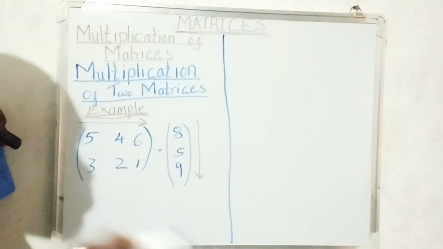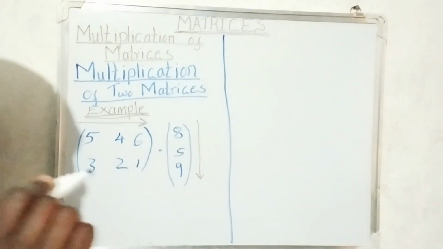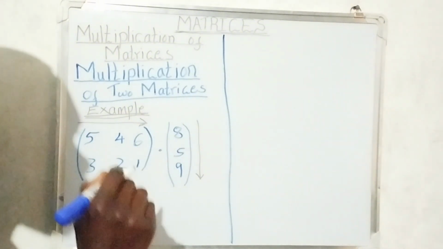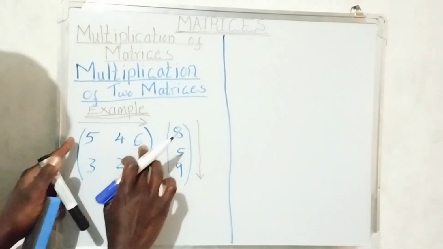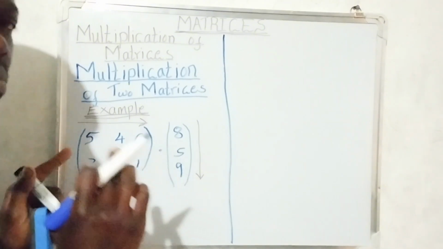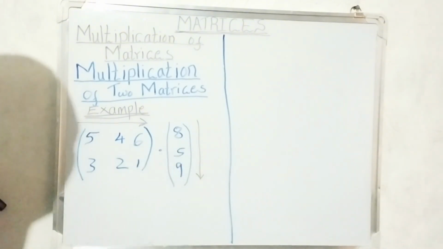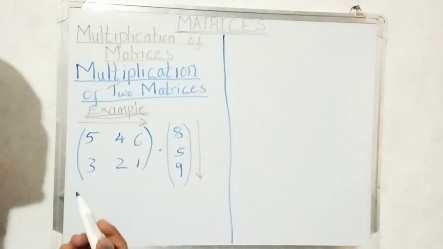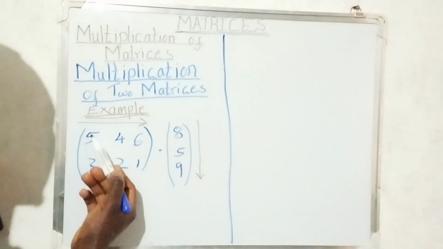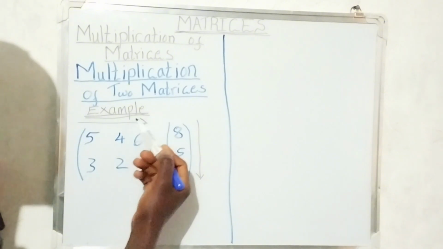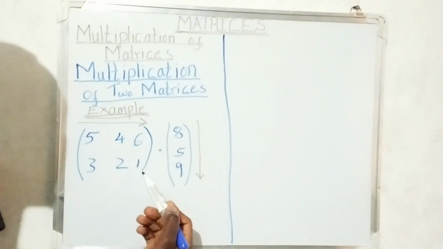In multiplication of matrices, the condition is this: the number of columns in the first matrix must be equal to the number of rows in the second matrix. So, for example, this one has 1, 2, 3 columns.